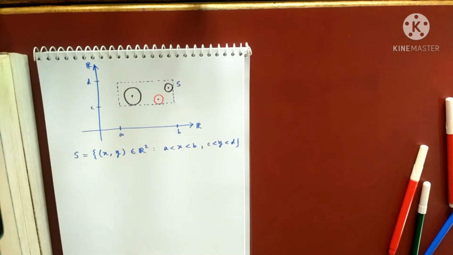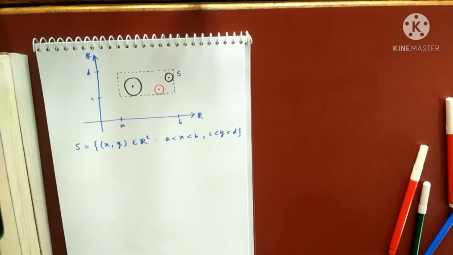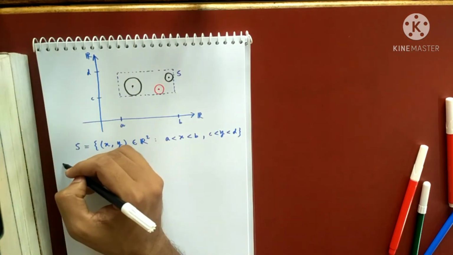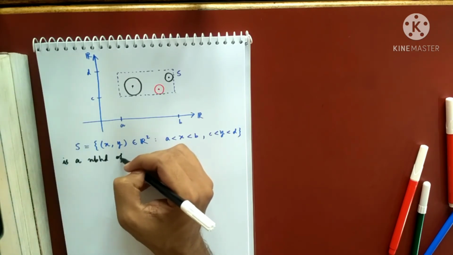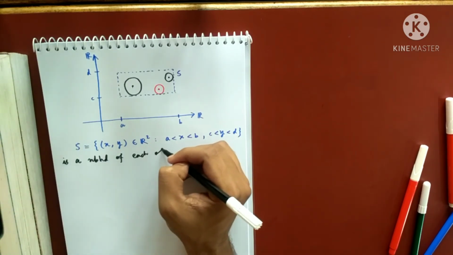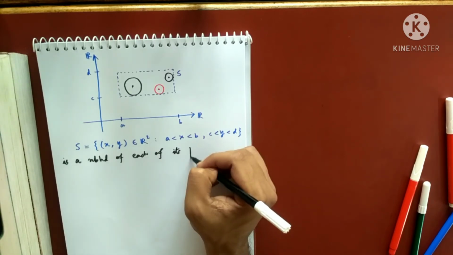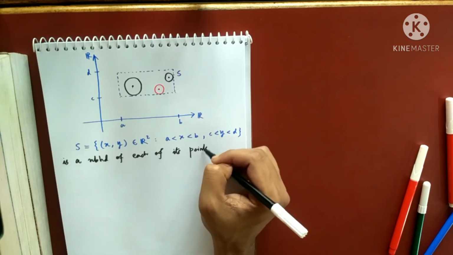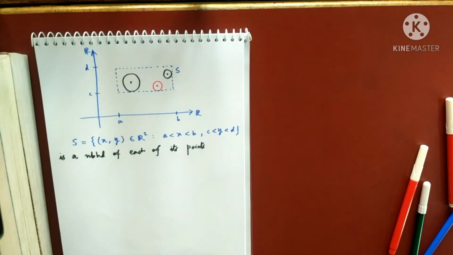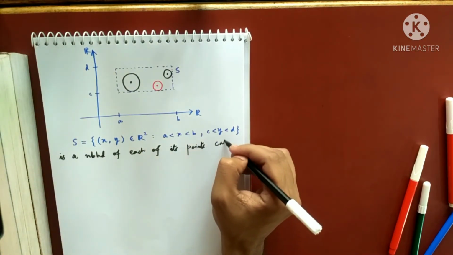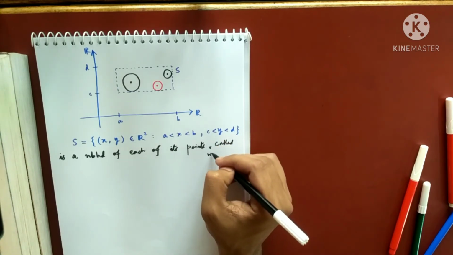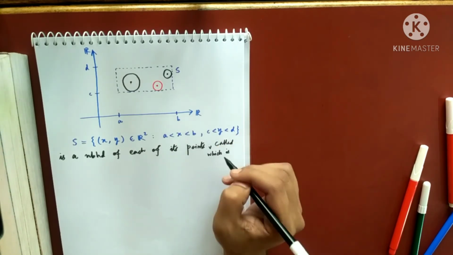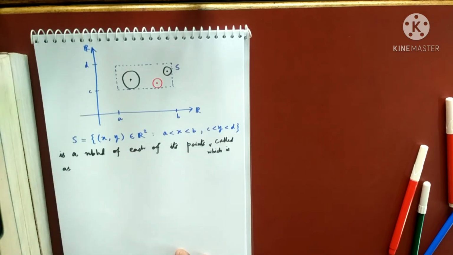Right? So I'll just write that. This S is a neighborhood of each of its points, and is called a rectangular neighborhood.